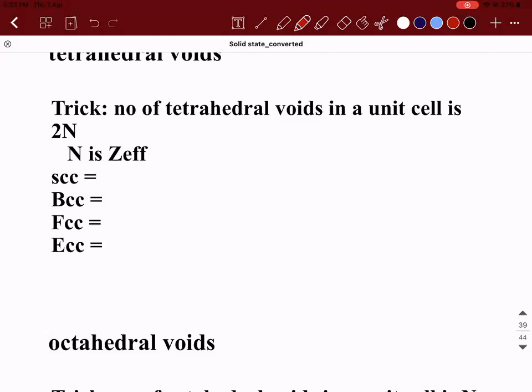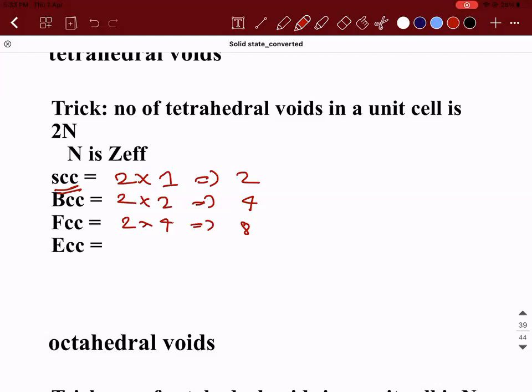For SCC, 2 into ZF, which is 1, so 2. For BCC, ZF is 2, so 2 into 2, 4. For FCC, ZF is 4, so 4 into 2, 8.